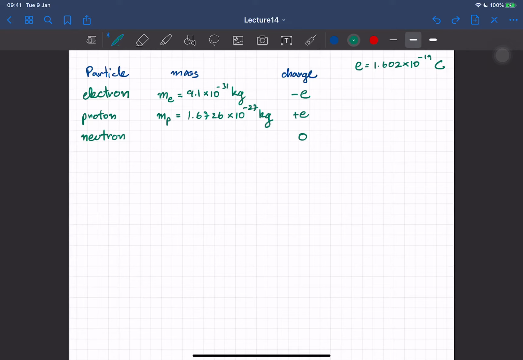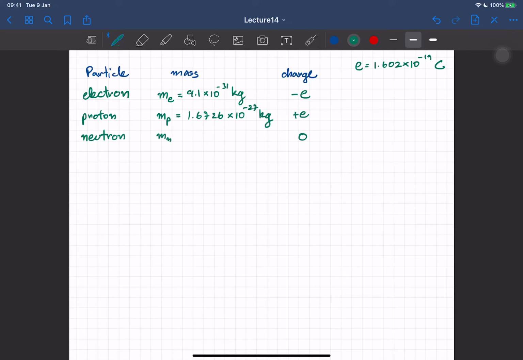So that means it will not interact electromagnetically with any other thing because the charge is zero. So it's kind of a very inert thing. We mention it here because it's one of the common particles that you see in an atom, but it's not so relevant to us in this course.